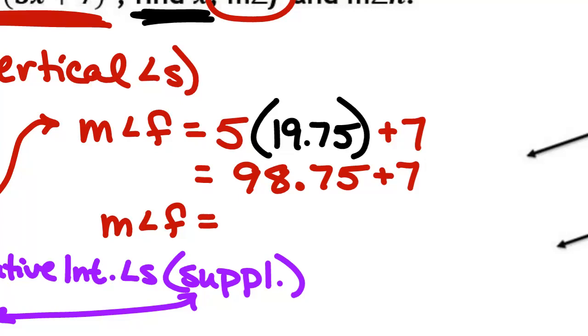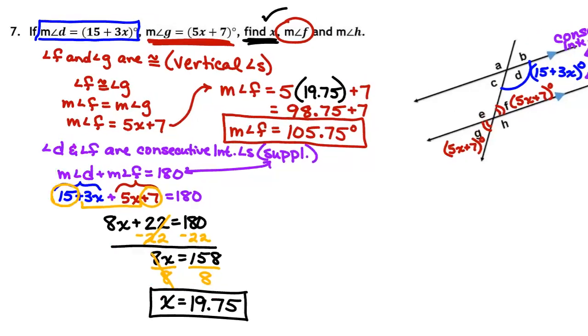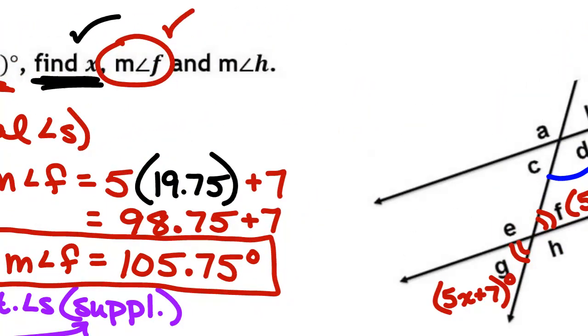Somebody grab a calculator for me. You said what? 105.75. That would get degrees on it because we just found the measurement of an angle. All right, so now we found the measurement of angle F.